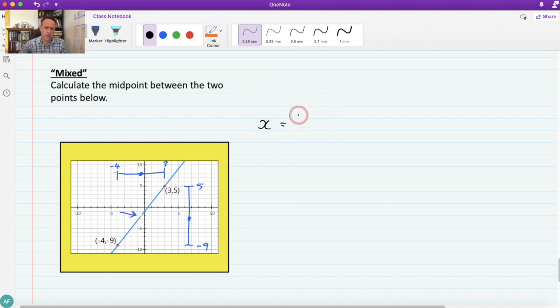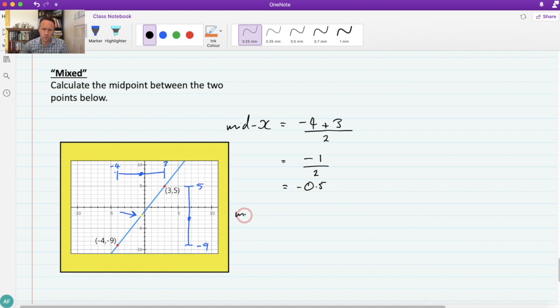So the midpoint of x: x1 is -4, add that to x2, which is 3. We've got 2 points, so we divide by 2 to find the average. So -4 plus 3 is -1, divided by 2, or -1/2. You could say -0.5. So that's the midpoint of x.